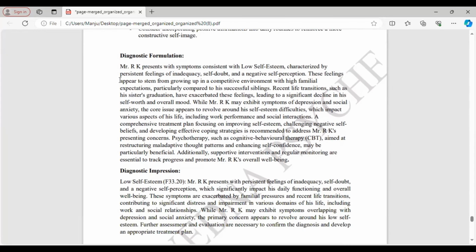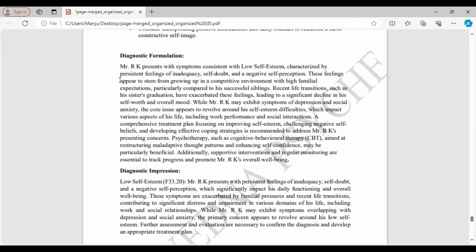Low self esteem, F33.20, this is according to ICD. Mr. RK presents with persistent feelings of inadequacy, self doubt, and a negative self perception, which significantly impact his daily functioning and overall well being. These symptoms are exacerbated by familial pressure and recent life transitions, contributing to significant distress and impairment in various domains of his life, including work and social relationships.